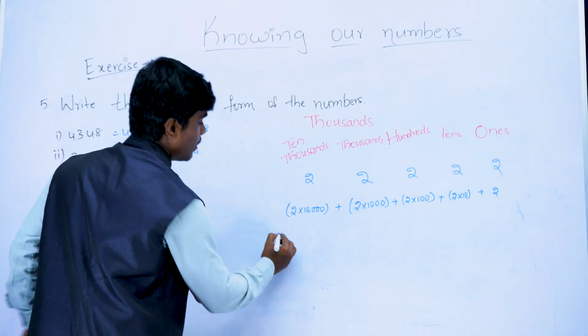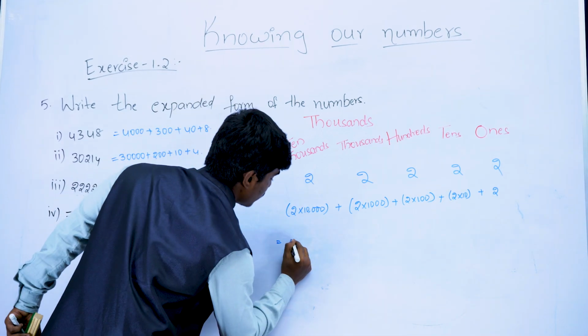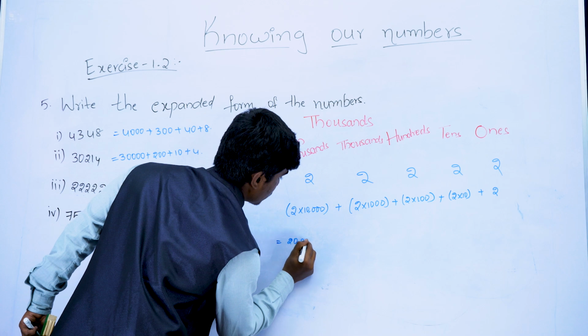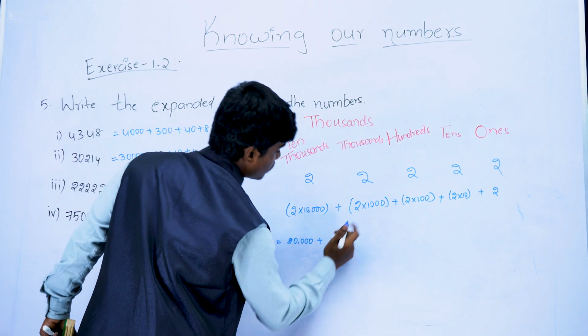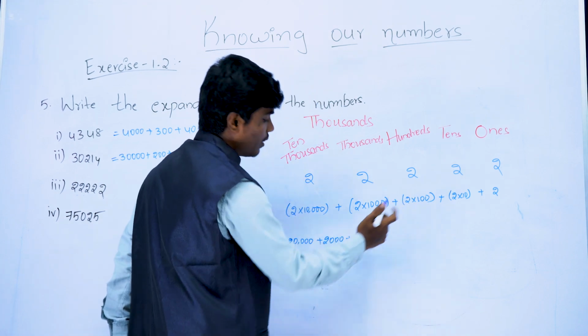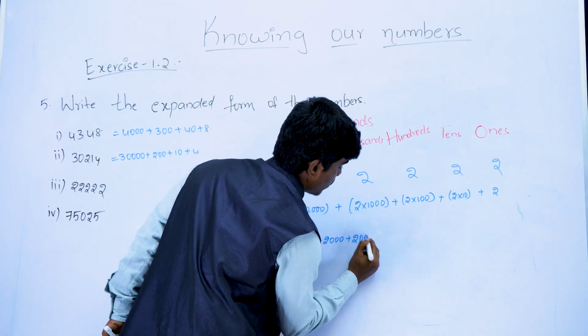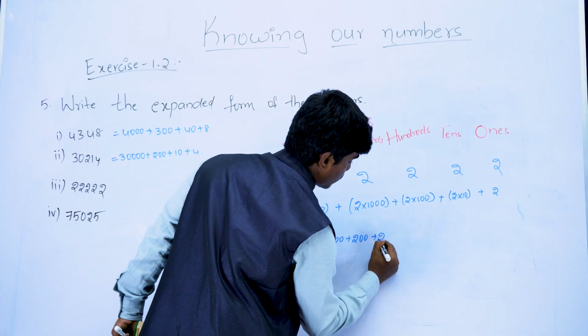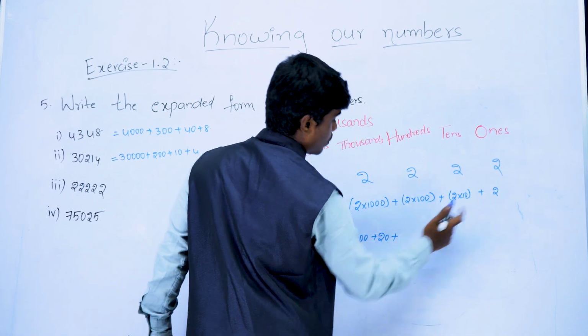On simplification, 2 into 10,000, 20,000 plus 2 into 1,000, 2,000 plus 2 into 100, 200 plus 2 into 10, 20 plus 2.